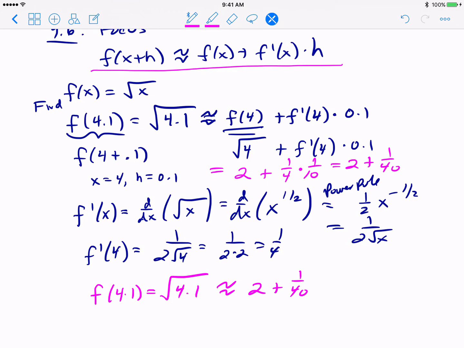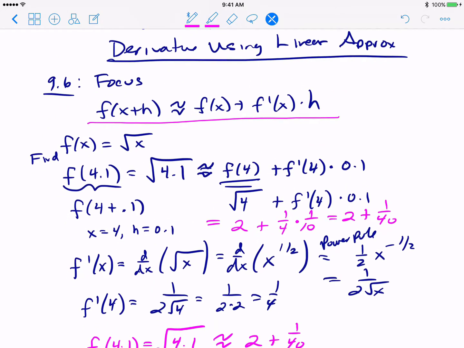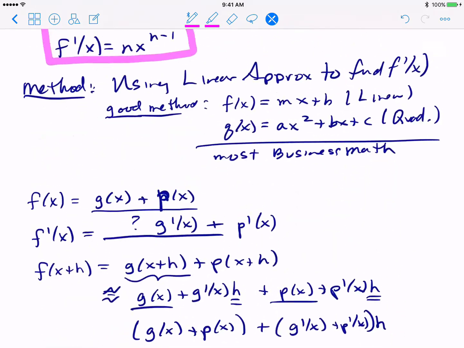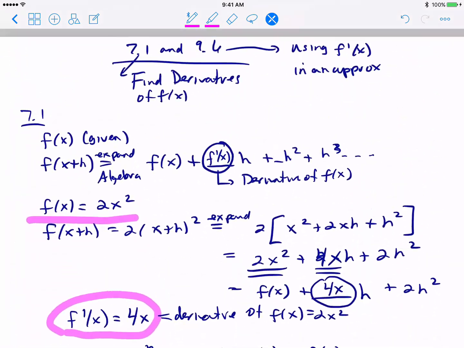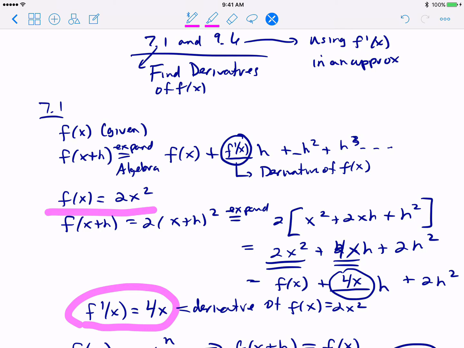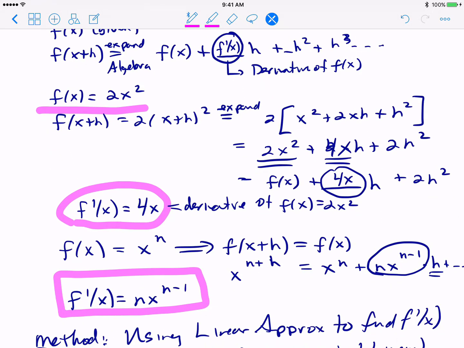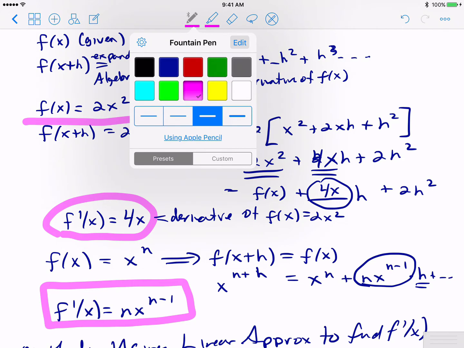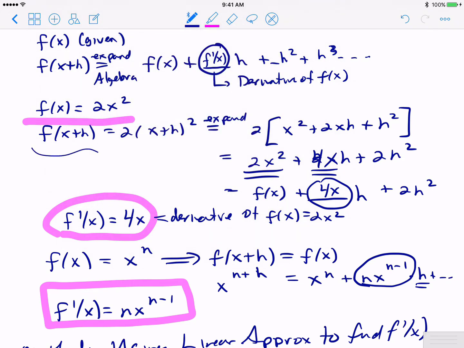Okay. So that should end this video on just showing how sections 9.6 and 7.1 go together. The key idea is that if you use the linear approximation method to find the derivative, do the expansion for f of x plus h, and that will lead you to a formula for f prime.